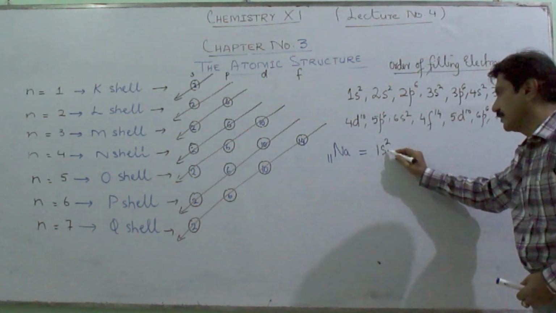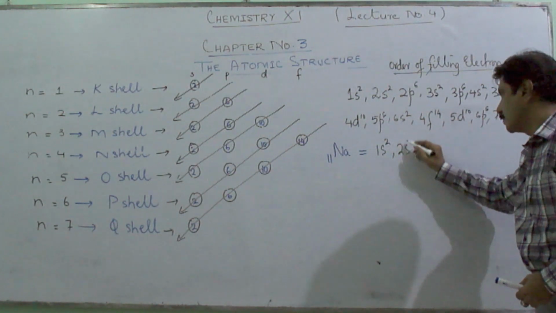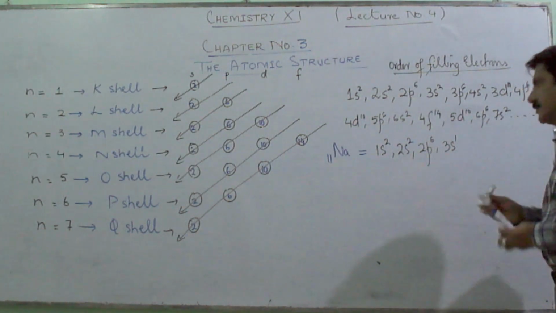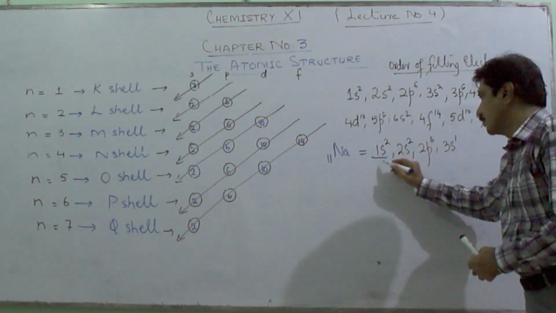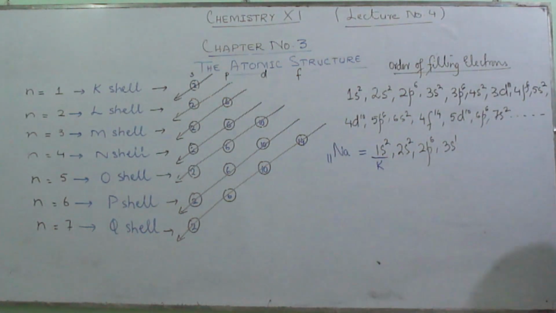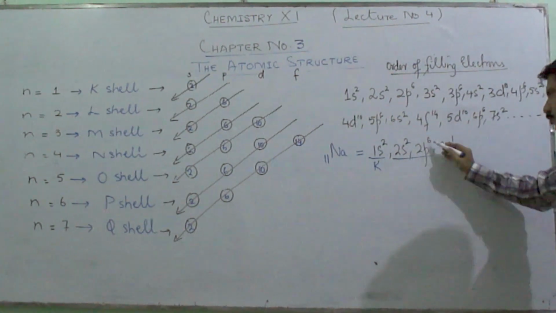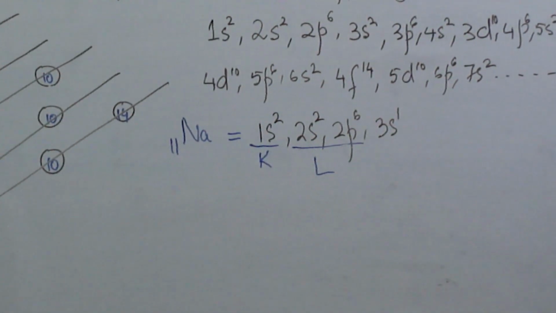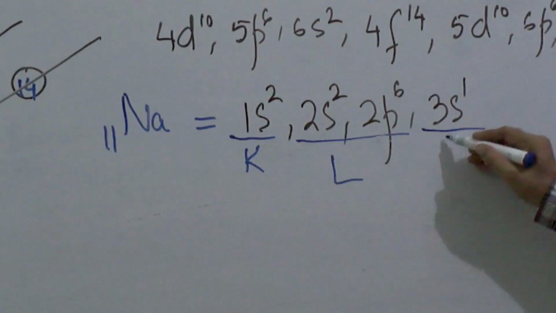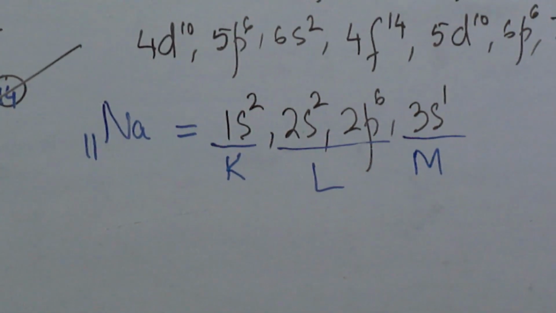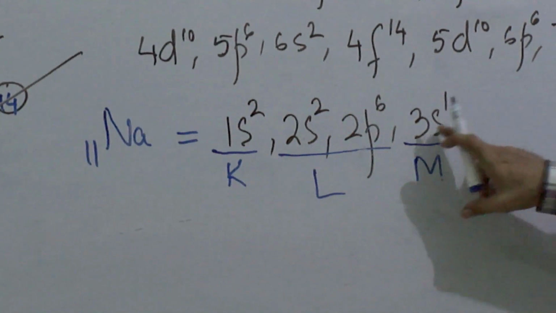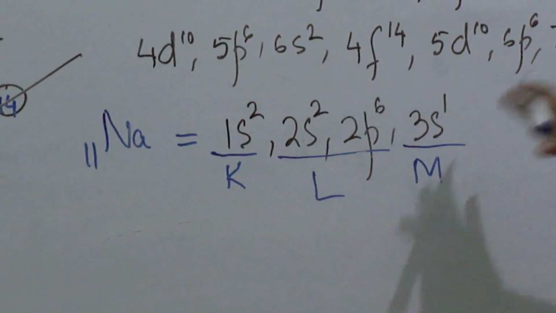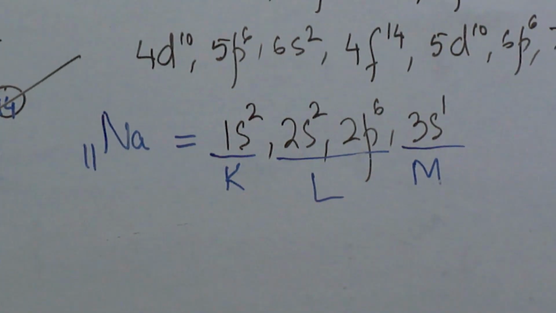You must write 1s2 here, 2s2, 2p6, 3s1. 1s2 shows that the K shell is complete. 2s2, 2p6 shows that the L shell contains 8 electrons and it is also complete. The last shell is the M shell, which contains only 1 electron in the s orbital. So this is the way you can write the electronic configuration of the sodium atom.